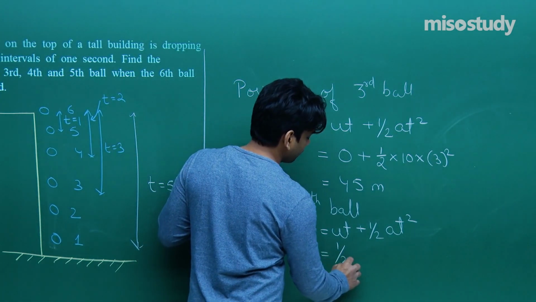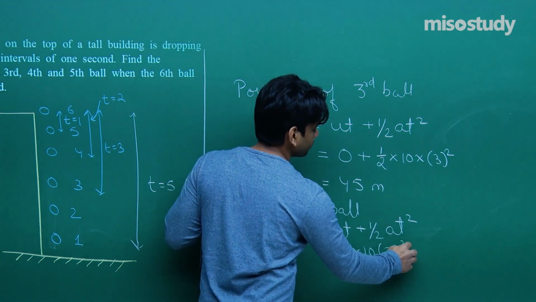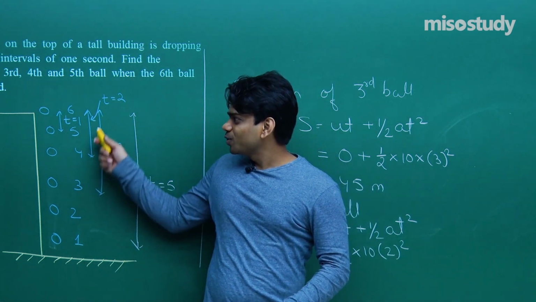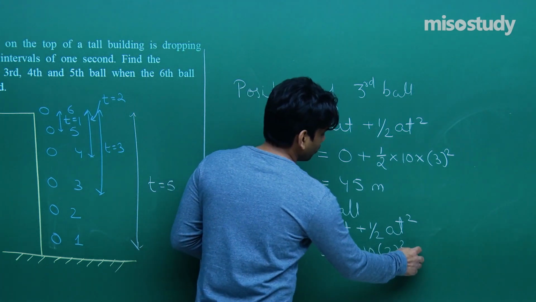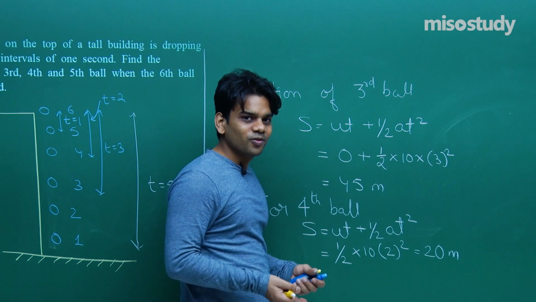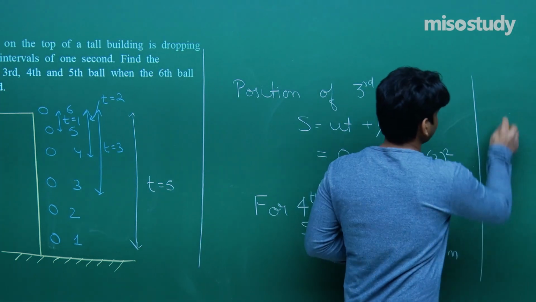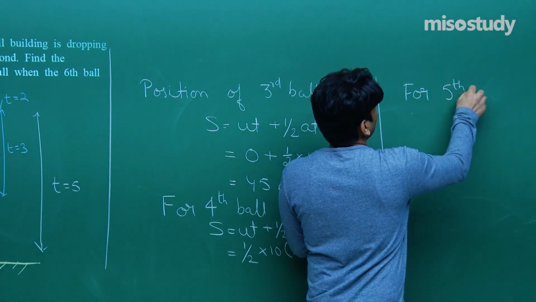Half into 10, and t value will be 2 because the fourth ball travels only 2 seconds. Substitute the values and you are going to obtain the answer. 5 into 4, that will be 20 meter. So at a level of 20 meter it will be lying. For the fifth ball, now I believe you can go ahead and solve it on your own.